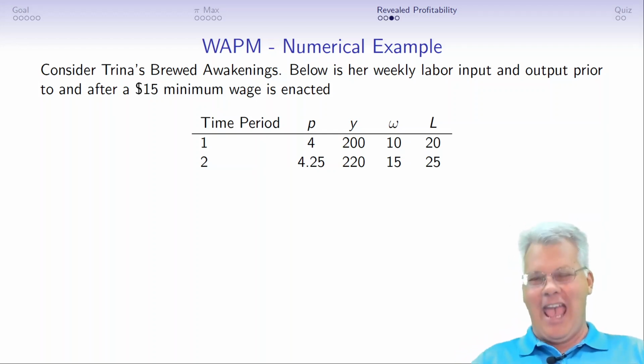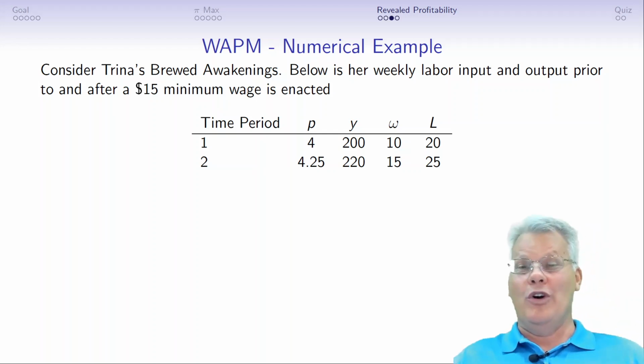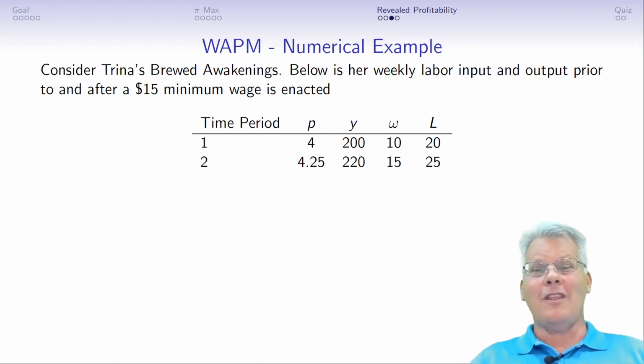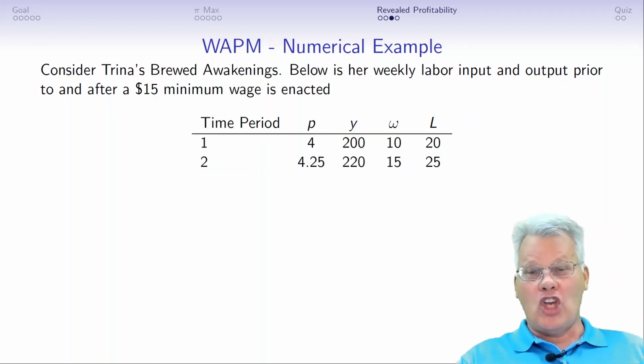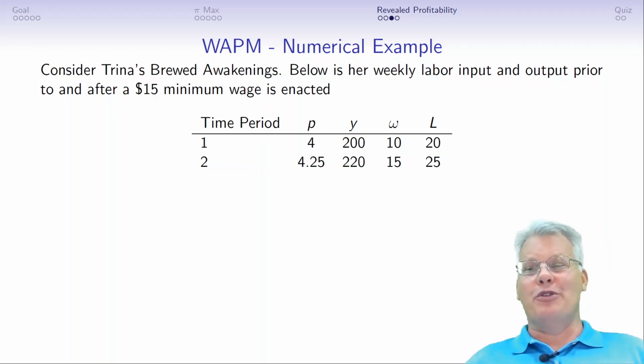And then I had my ID that I would swipe to get through a cyber lock, and then you were in the cadet area. So the Academy only allowed one coffee shop in the cadet area, and it was Trina's Brewed Awakenings. So Trina's a real person.